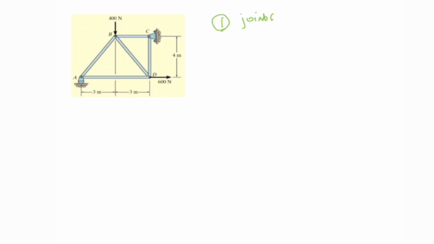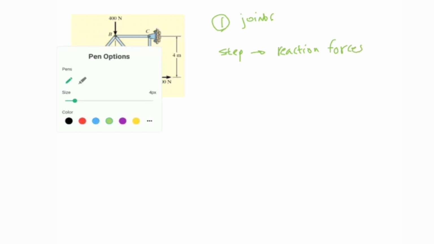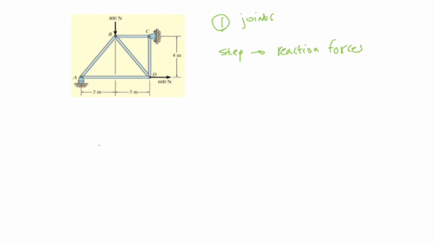For doing that, the first step is finding the forces which are applied by the joints, meaning the reaction forces which are applied on the structure. If we look at this system, what we have is a pin over here and a roller over here.